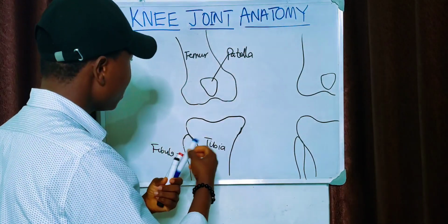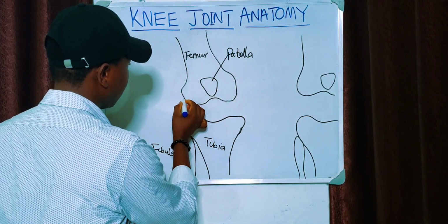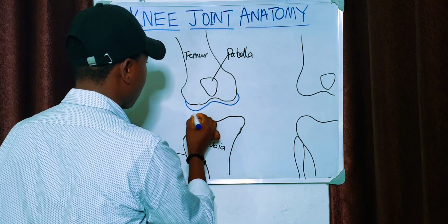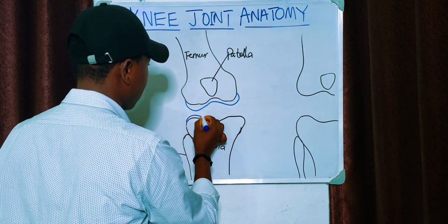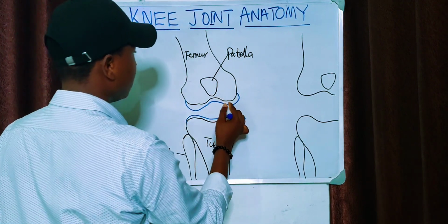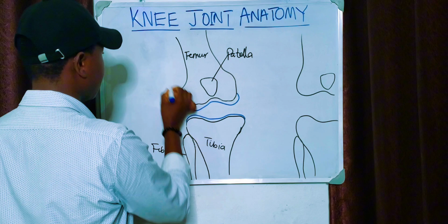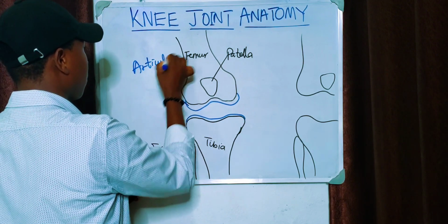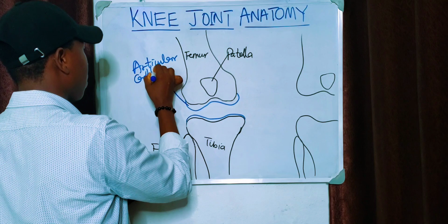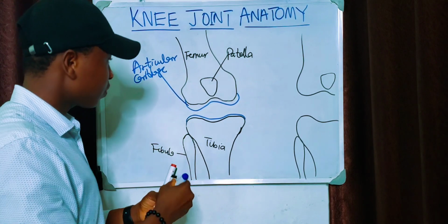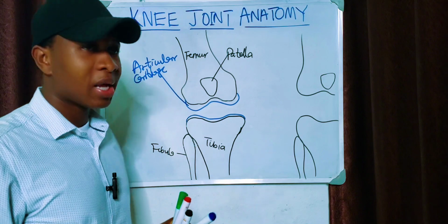So, we have the articular cartilage here and here. So this is the articular cartilage.